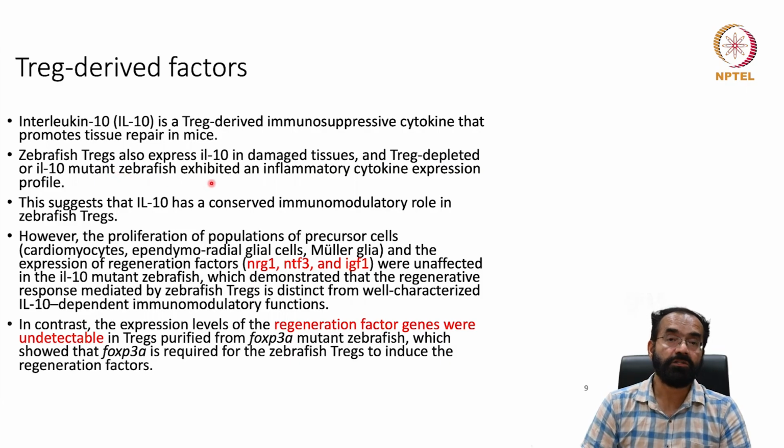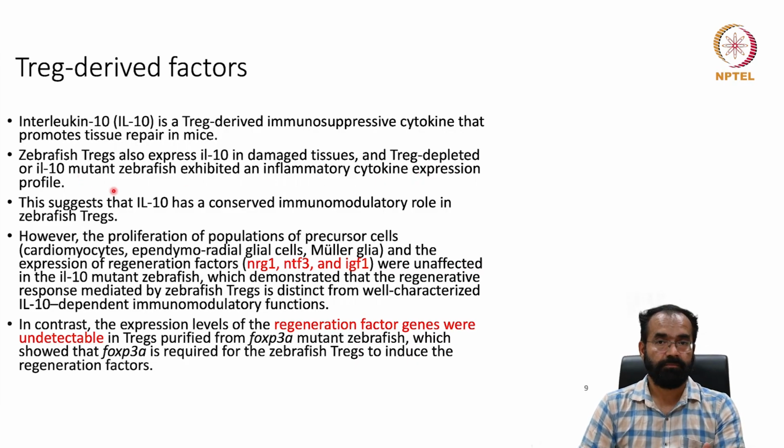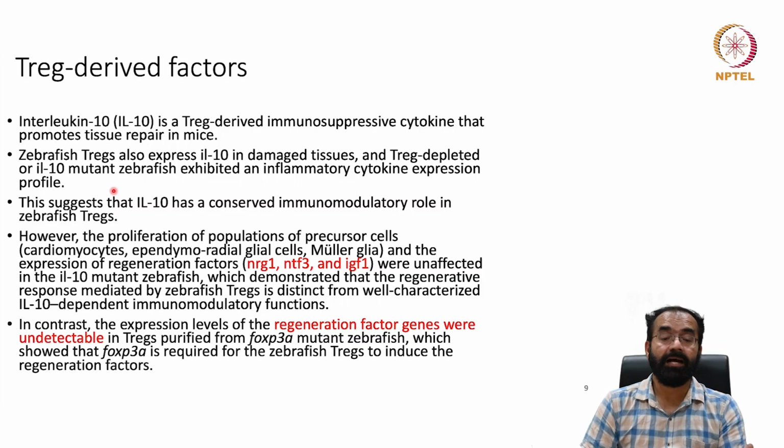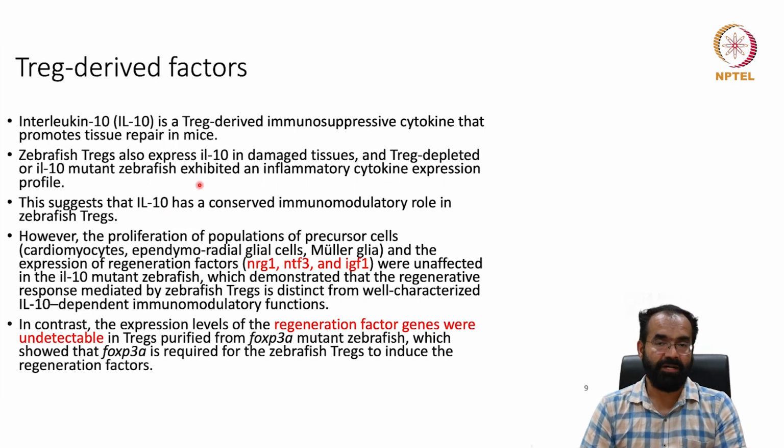Zebrafish Tregs also express IL-10 in damaged tissue, and Treg-depleted or IL-10 mutant zebrafish, keep that in mind, Tregs can produce IL-10, but if IL-10 is mutated, then the Treg is not producing IL-10, exhibited an inflammatory cytokine expression profile because IL-10 is anti-inflammatory.